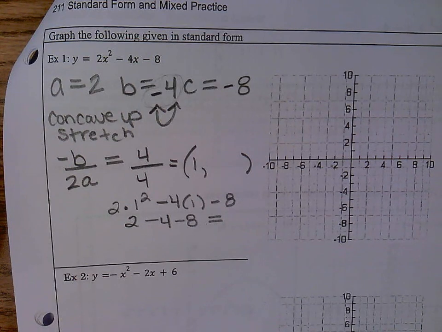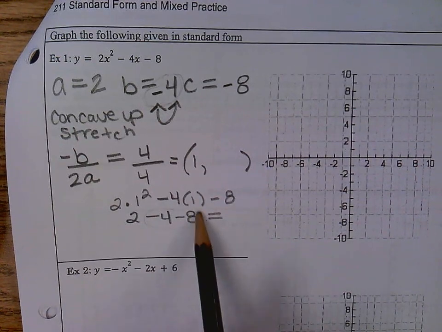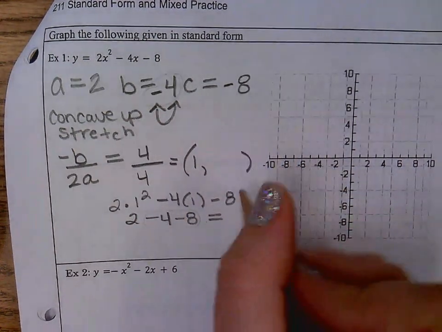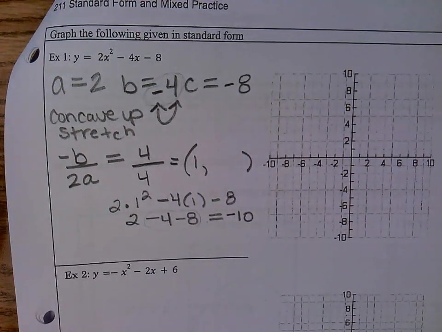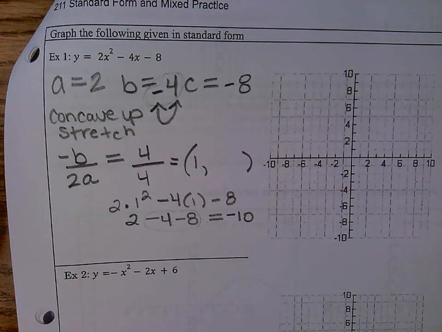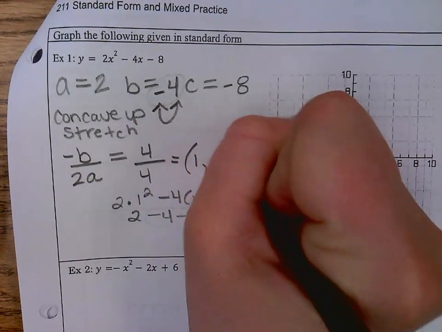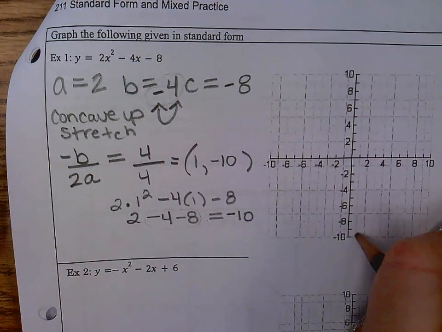What is it? This is a total of -12, and this is a +2. So I'd say it's -10. Am I doing it different from you? 2 minus 4 would be what? -2 minus 8 would be -10. So I'm going to put my dot at 1, -10, way down here.